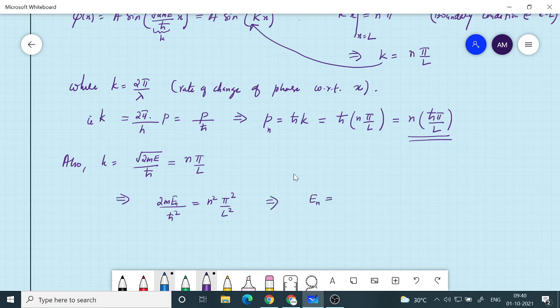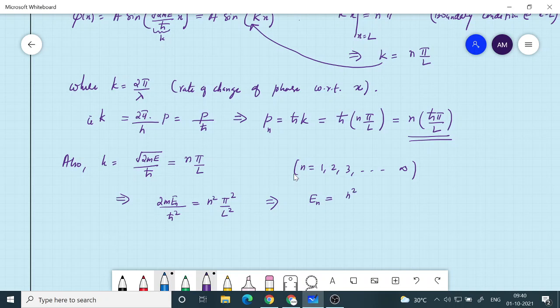Okay, so energy depends on n, whatever value n takes. So n takes values 1, 2, 3, etc. So there are infinite solutions, there are an infinite number of eigenfunctions and an infinite number of eigenvalues correspondingly.